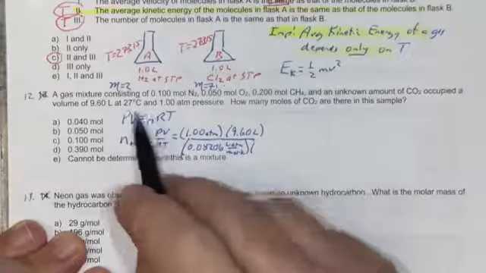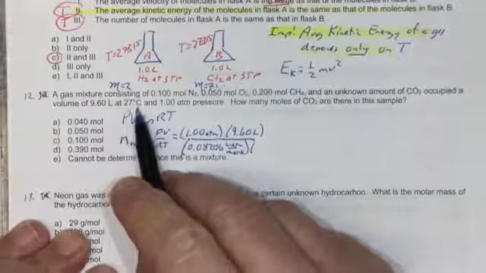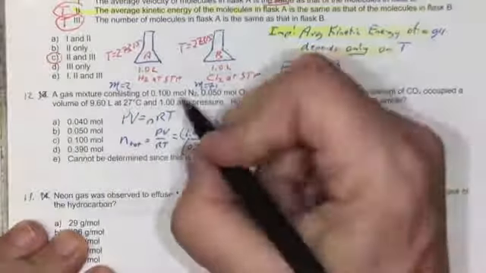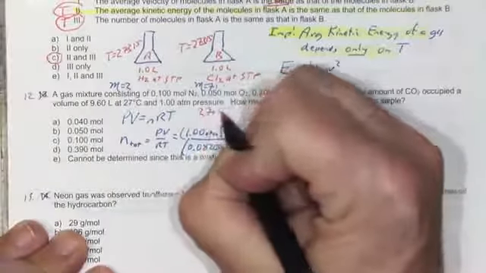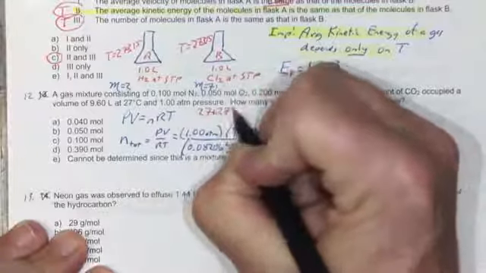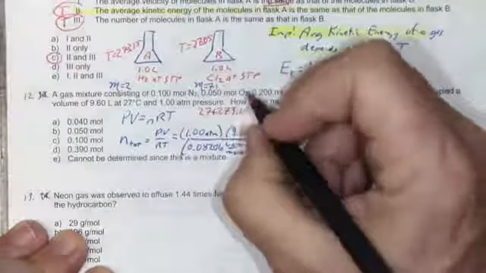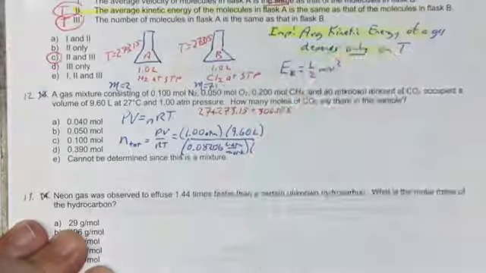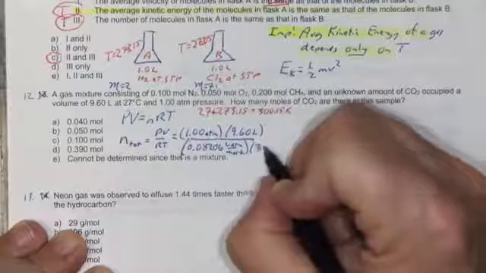And then the temperature is 27 degrees C. Now, if the temperature is 27 degrees C, let's just jot down up here 27 plus 273.15 is equal to 300.15 Kelvin. So we'll have 300.15 Kelvin.